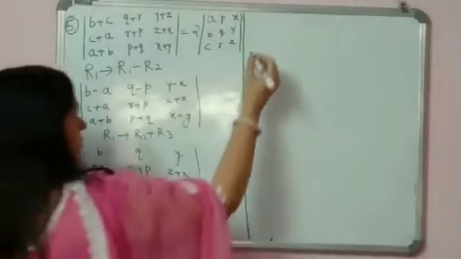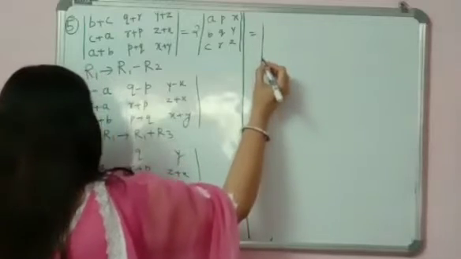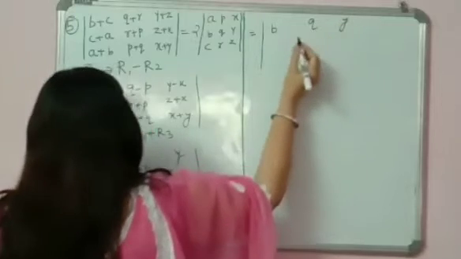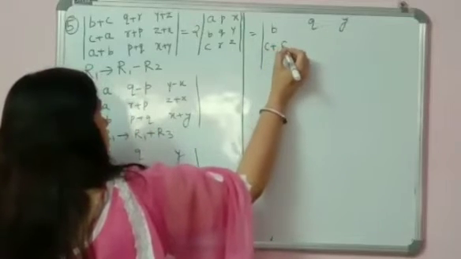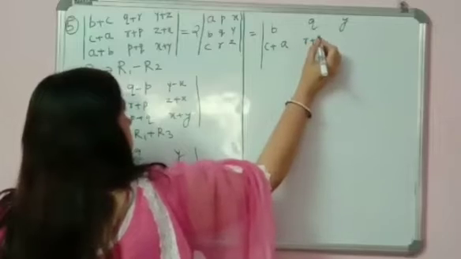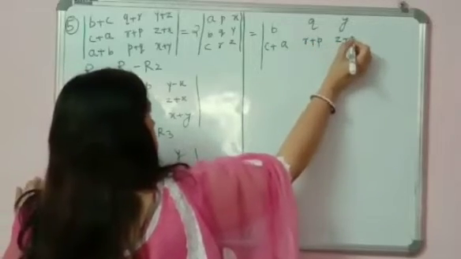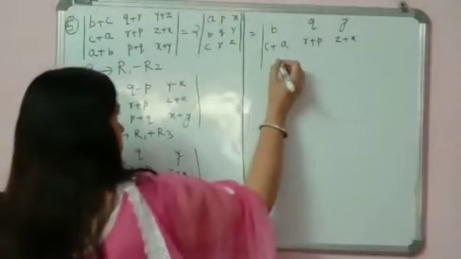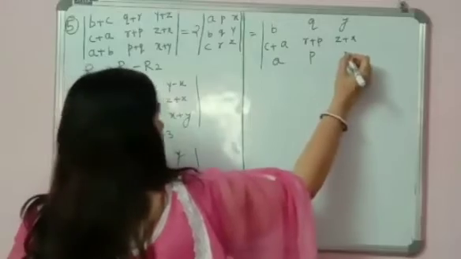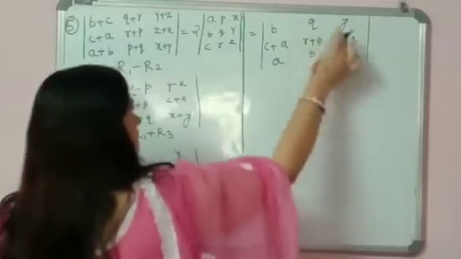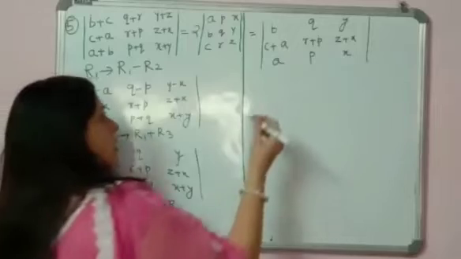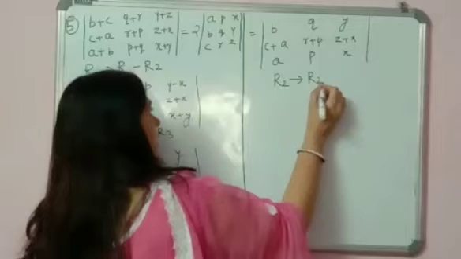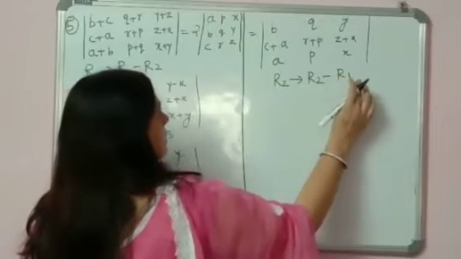So it will be now B, Q, Y, then C plus A, R plus P and Z plus X. Now here it will be only A, P and X. Okay. Now only R2 is left. So R2 can be changed by applying R2 minus R3.